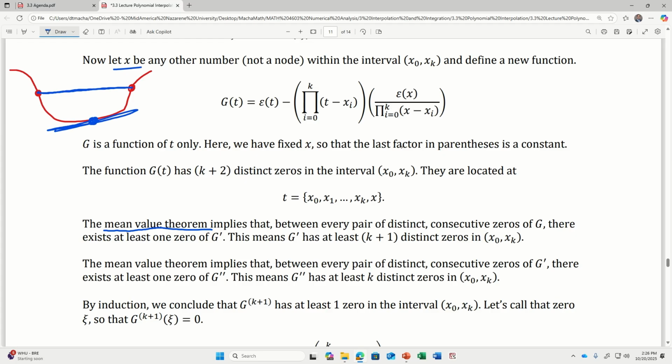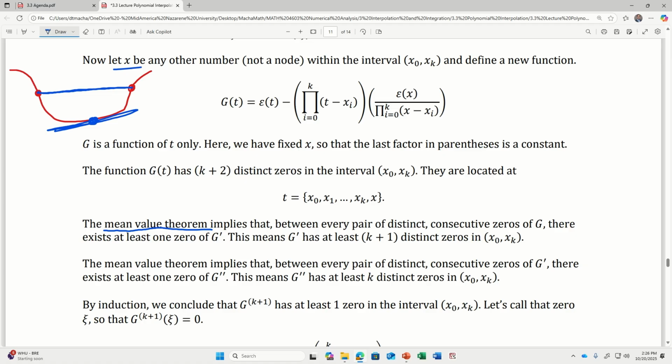And if this was completely flat because those points were equal to each other, then there would have to be a derivative of 0 in between those 2 points. And that's what we're trying to rely on here by the mean value theorem.